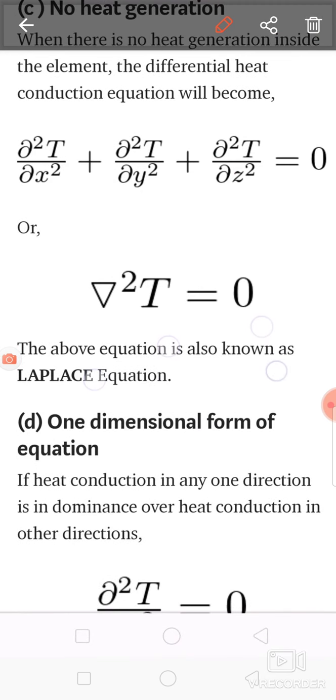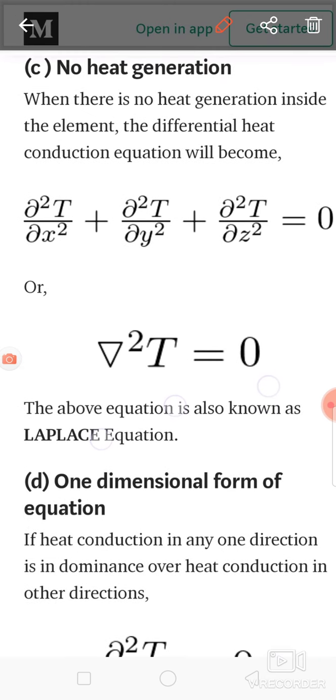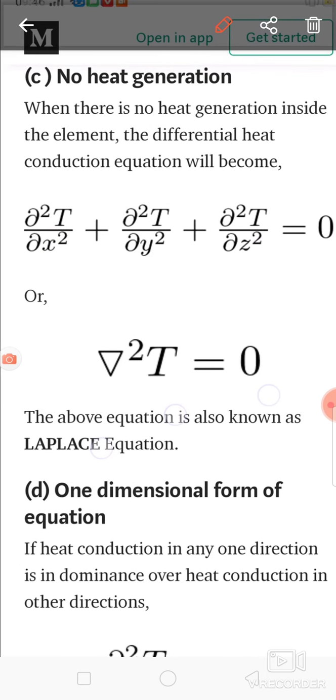So the equation is ∂²T/∂x² is equal to 0. This equation is nothing but the one-dimensional form of the equation.